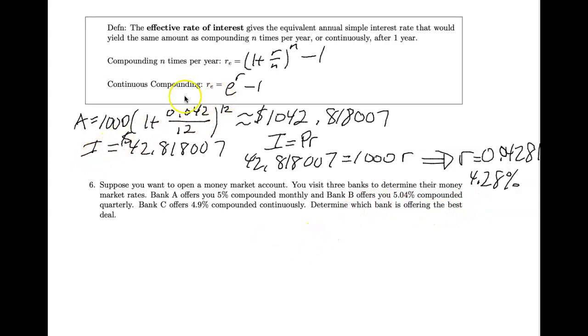And so instead of going through all this work, it can just boil down for the effective rate of interest being 1 plus r over n to the n minus 1, and e to the r minus 1 for compounded continuously.